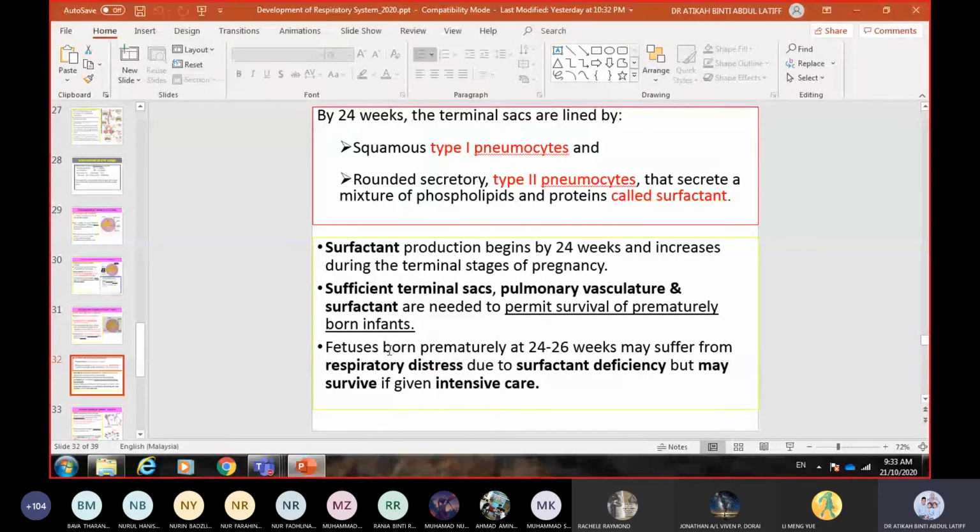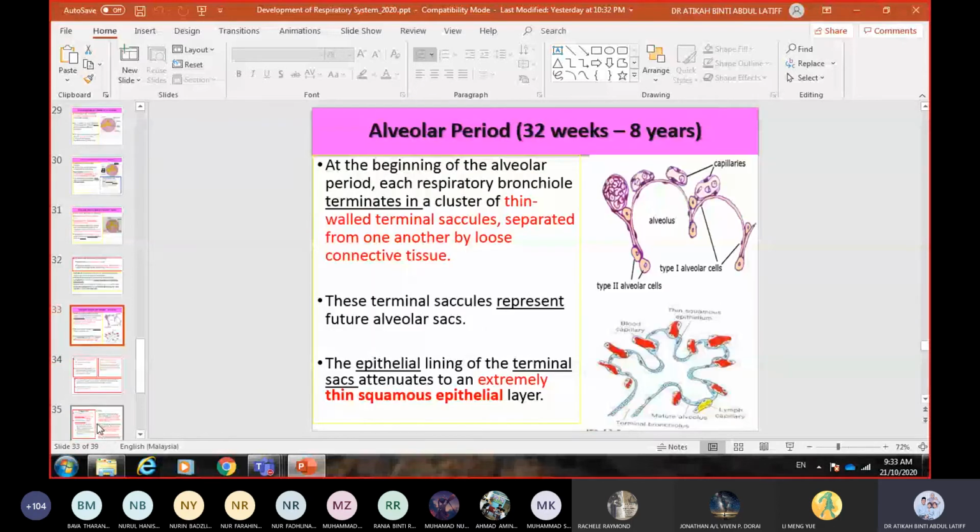Fetuses born prematurely at 24 to 26 weeks may suffer from respiratory distress due to surfactant deficiency. So they can have some respiration, but still the surfactant is not enough, so they can survive if they are given intensive care.